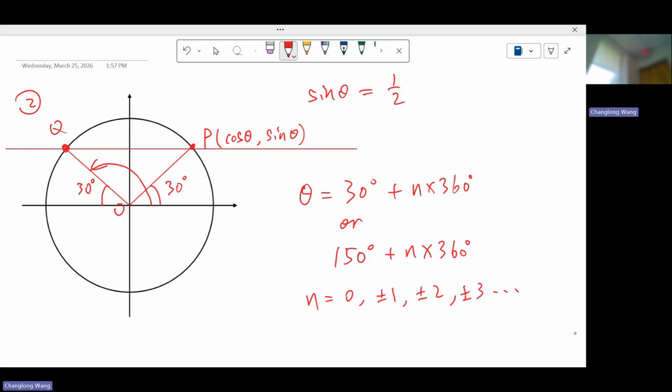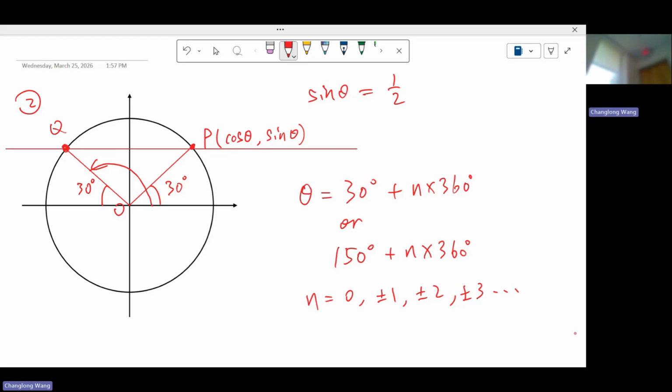Those are the two fundamental angles we just found. What if n is equal to 1? You're adding 360 to both angles. What if n is equal to 2? Adding 2 times 360. What if n is negative 1? You are subtracting 360 from the angles.